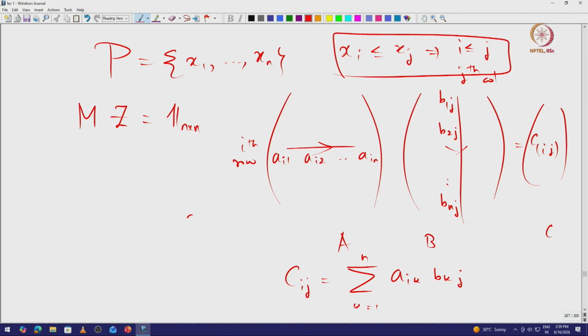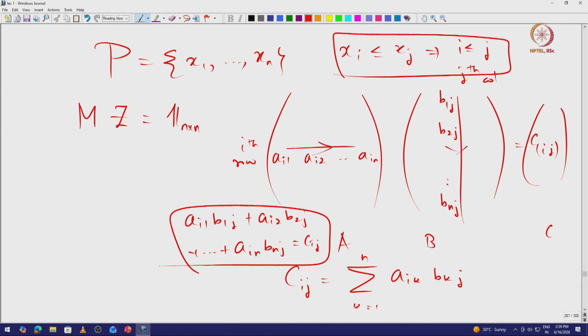So, we take A_i1 times B_1j, plus A_i2 times B_2j, and so on, and then A_in times B_nj, and we get exactly Cij. So, that is the product that we have defined.